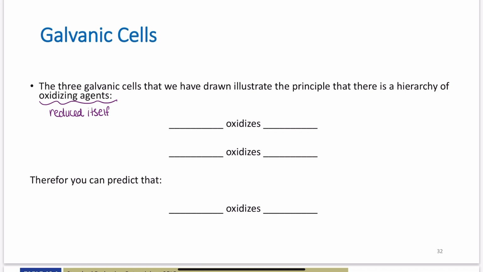We saw from these 3 examples that Fe3 plus oxidized copper, while copper 2 plus oxidized the hydrogen gas. Copper 2 plus also oxidized zinc.